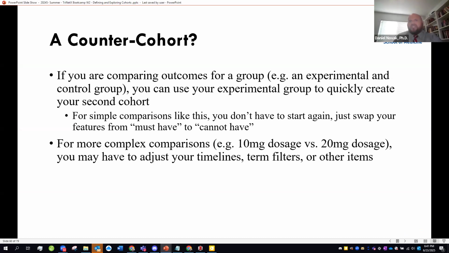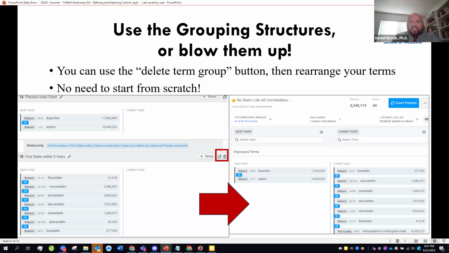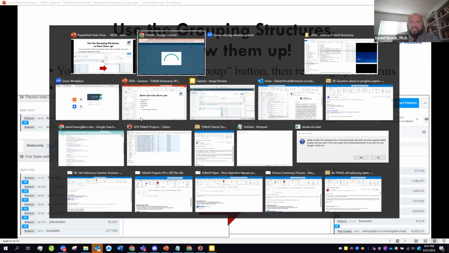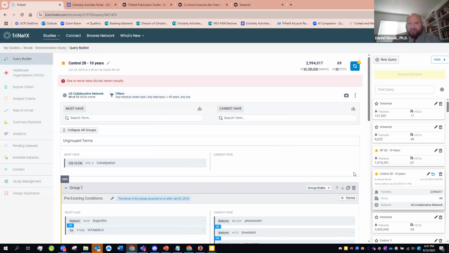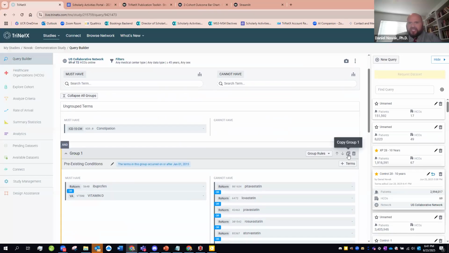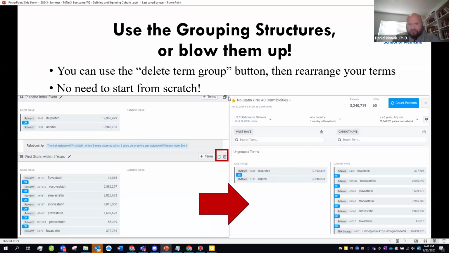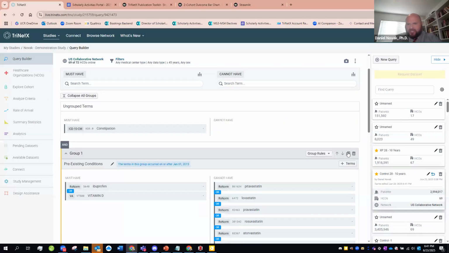So for simple comparisons, you don't really have to start again all the way at the beginning, the way that you did the first time to add in all your features. For more complex comparisons, you may have to adjust your timelines and your term filters and things like that. But basically, as I said earlier, it's very, very easy to, I'm going to just cancel this to get back to our core features, it's very, very easy to copy your group terms using the copy button that you're going to see here.